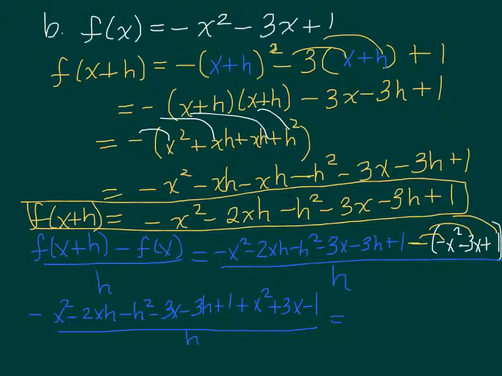All right, let's see if anything cancels. The x squares cancel. The 3x cancels. The 1's cancel. So let's write what's left. Negative 2xh minus h squared minus 3h. All right, I'm going to divide each one by h. And I'm going to get negative 2x minus h minus 3.